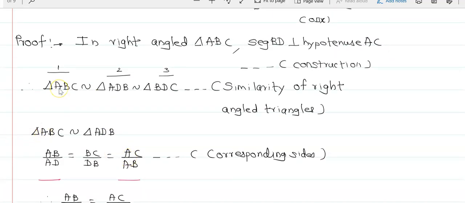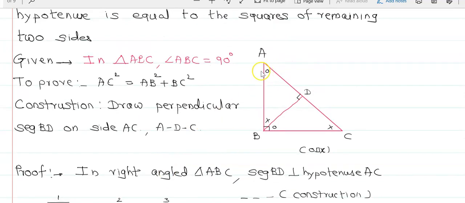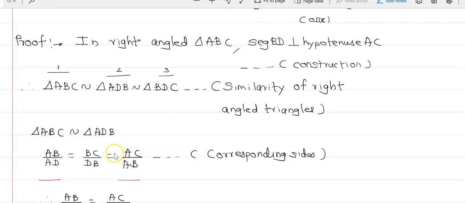Therefore, now first and second, these are similar. Now write their corresponding sides in proportion: AB upon AD, BC, here DB, AC, AB. Where is AB? AB is a common side for this small triangle and the original triangle. Therefore, we will find first and last.